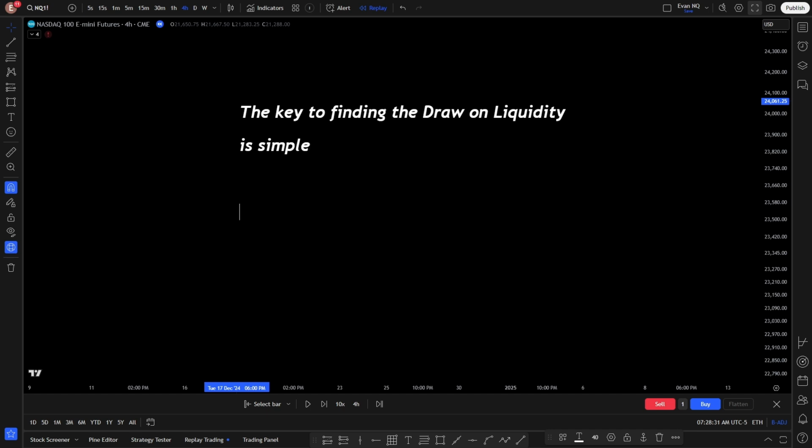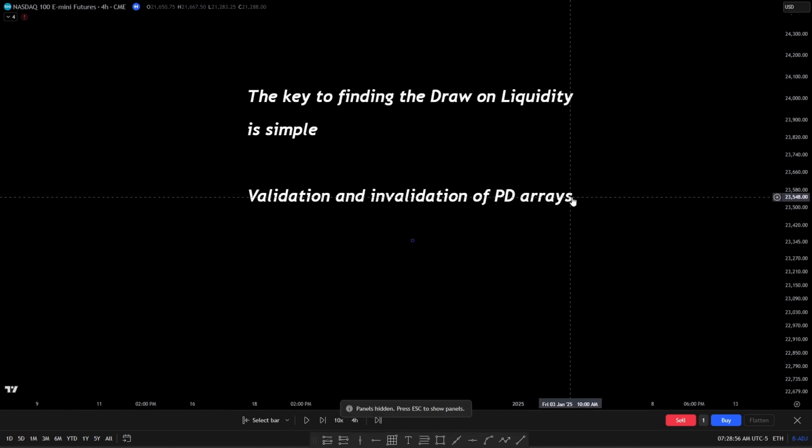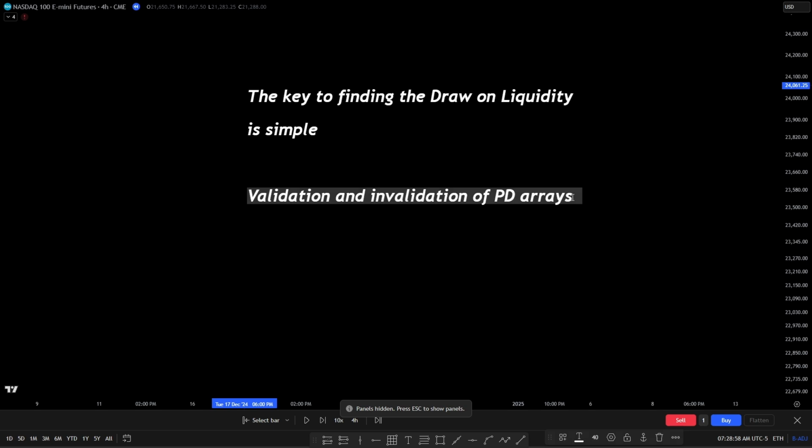This is it right here. Validation and invalidation of PD arrays, most likely fair value gaps. Validation and invalidation of PD arrays. Okay, what's being respected, what's being disrespected?